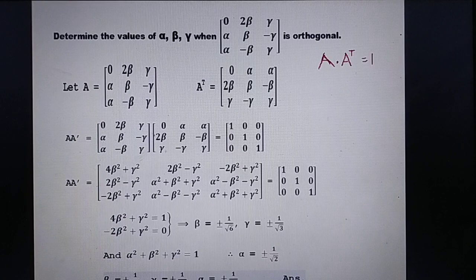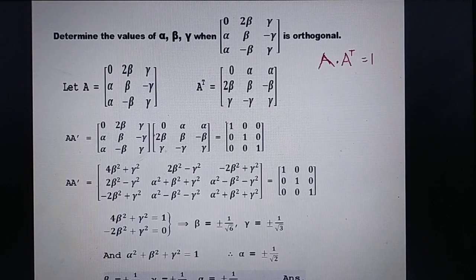That is orthogonal. So this is our original given matrix. We will transpose the rows into columns: row 1 to be column 1, row 2 to be column 2, and row 3 to be column 3. And multiply it and equate it to 1.